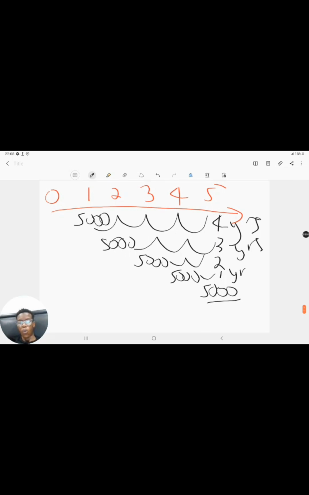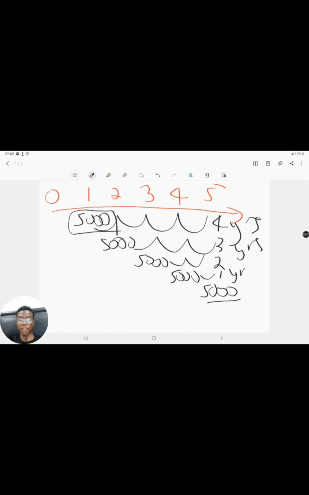Okay, so what we should do right now is calculate all the money that he deducted from his account with the interest that it would have accumulated, right? Because he's taking out 5,000 at the end of the first year, but that 5,000 would have accumulated interest and grown to some value.